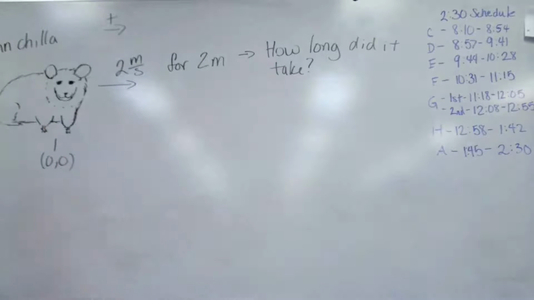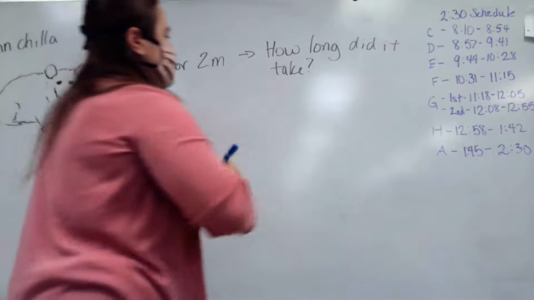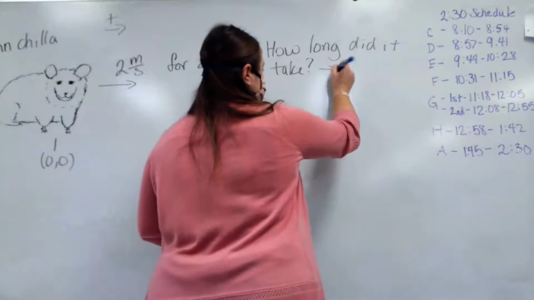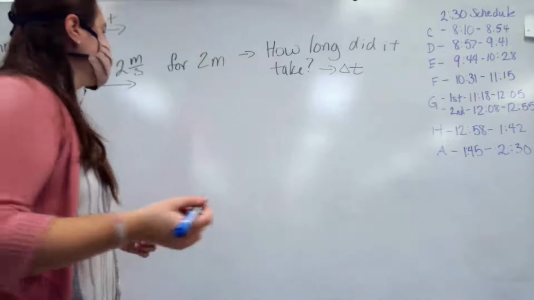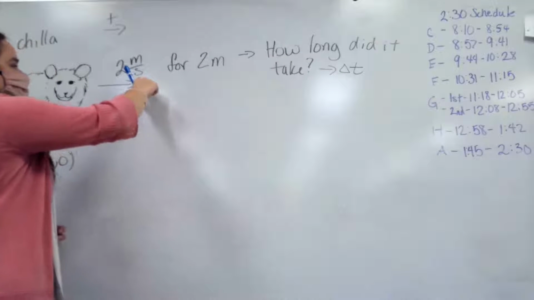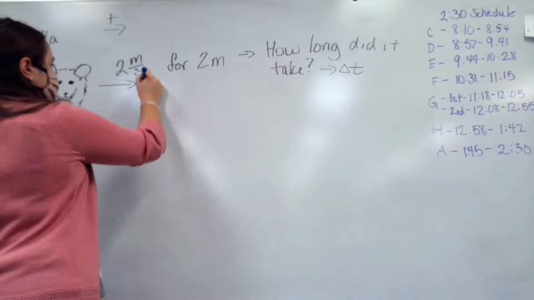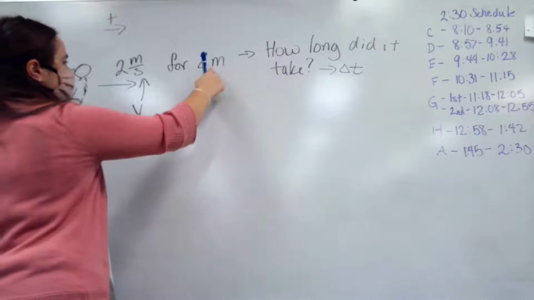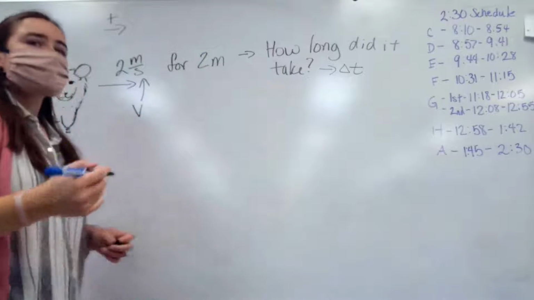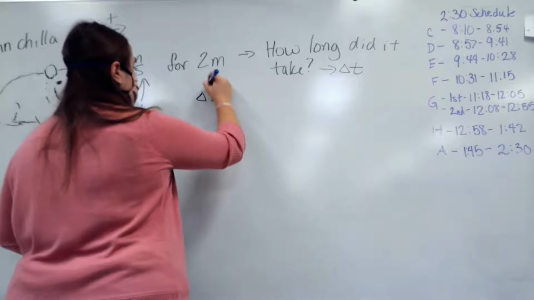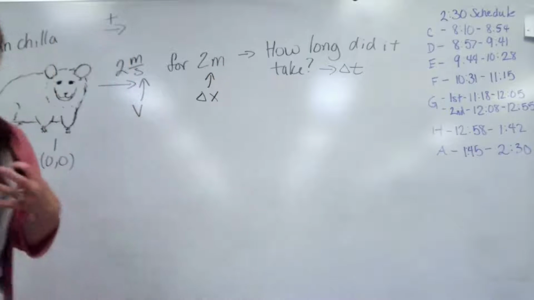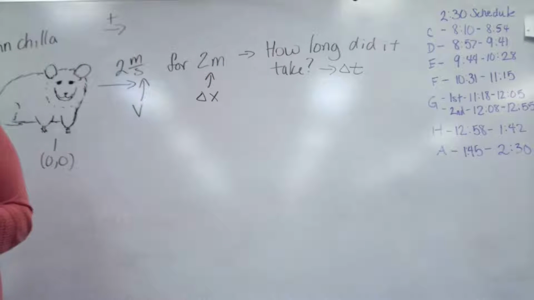It's going to be our t. So this one is delta t. This is the one that we're looking for. This is going to be our velocity, so we know our velocity. This is going to be our change in position, or our delta x. Everybody see why those are those things?